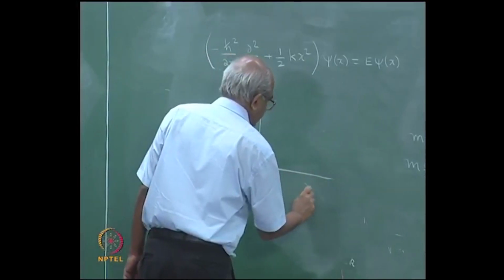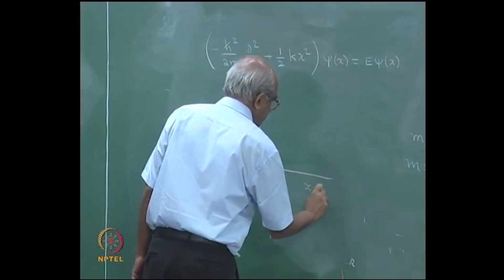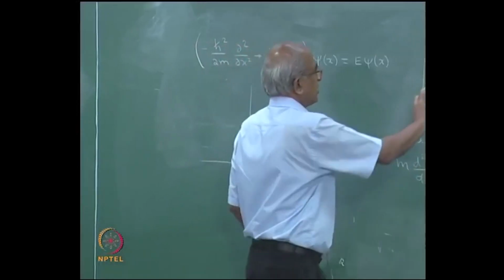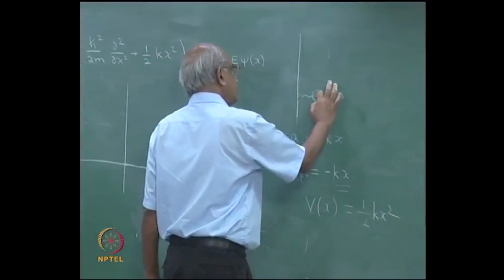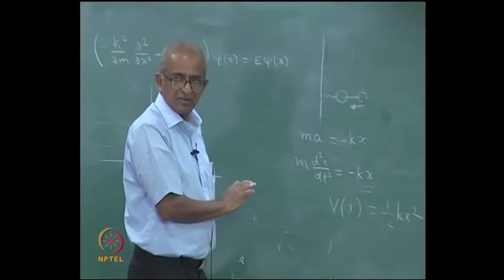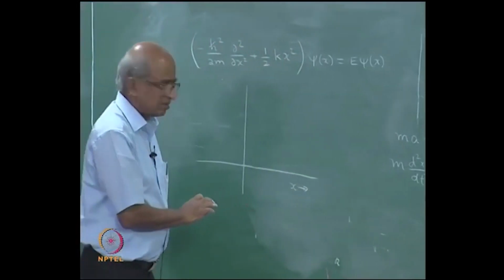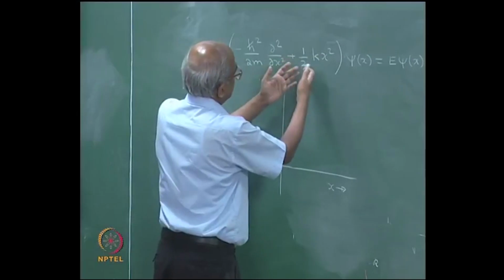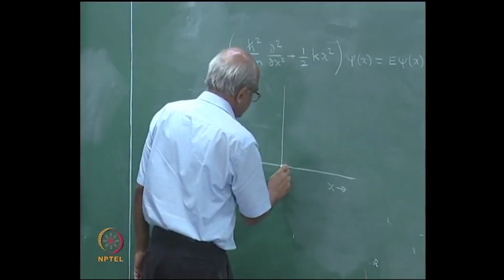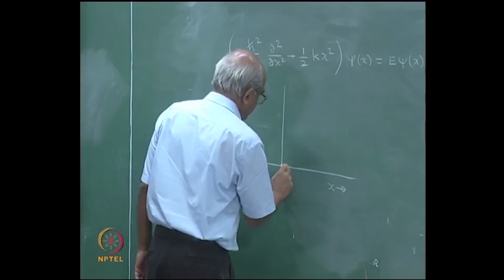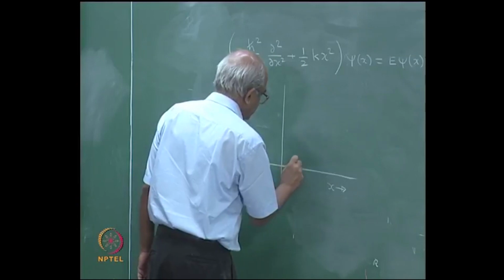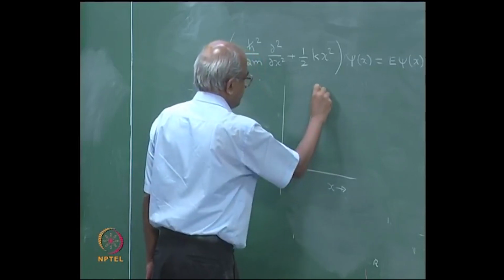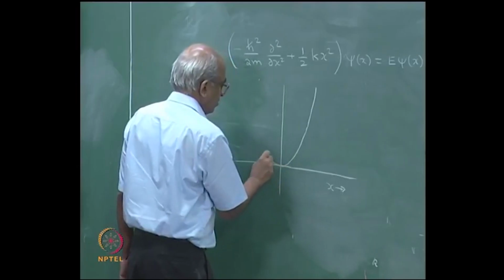Along the horizontal axis is the displacement from equilibrium position. The displacement can be in the positive direction or it can be in the negative direction, right. So what will happen? The potential energy is just assumed to be half k x square. So it is natural that the plot of potential energy against x will resemble a parabola looking like that.